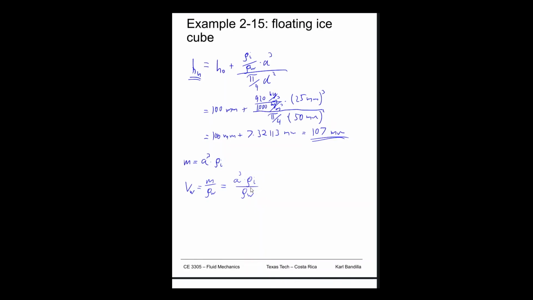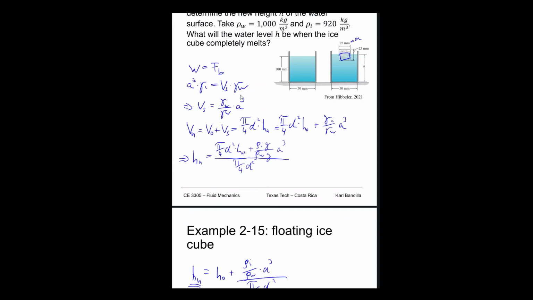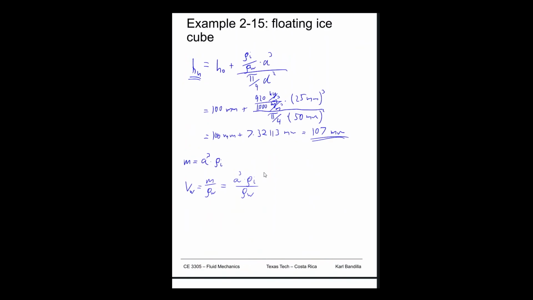Now, if we go back, this looks very familiar. If we look up here, this is exactly what we said the submerged volume would be. So that is exactly what we added here. That means this is equal to Vs, and then we know that Hn is going to be 107 millimeters, because we're adding the same volume.